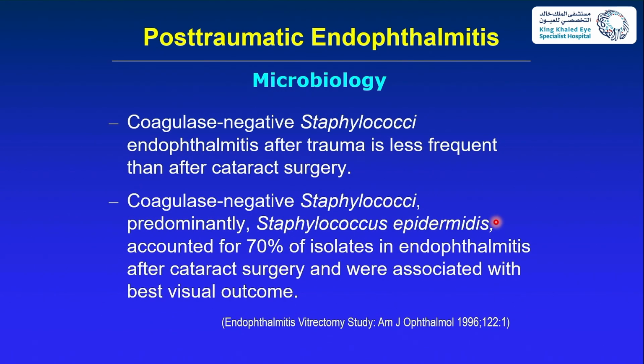So to summarize the microbiology of traumatic endophthalmitis, coagulase negative staphylococci endophthalmitis after trauma is less frequent than after cataract surgery, and this explains the outcome. Coagulase negative staphylococci, as I said, predominantly Staph epidermidis, account for 70% of endophthalmitis after cataract surgery.